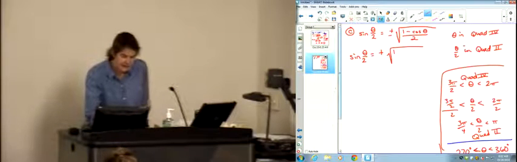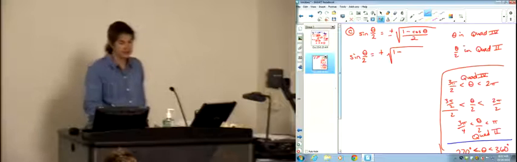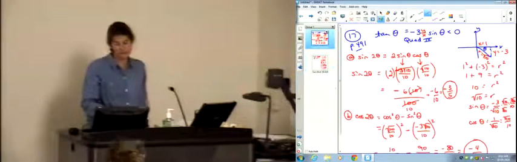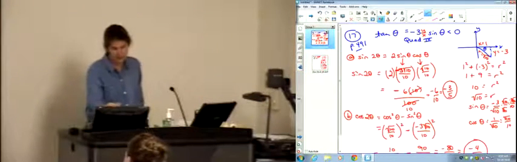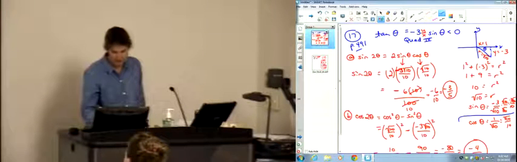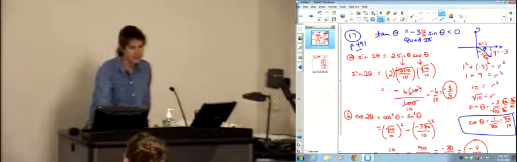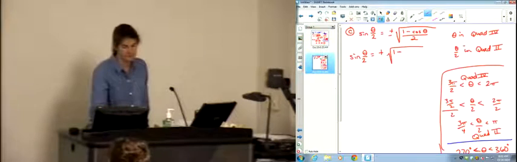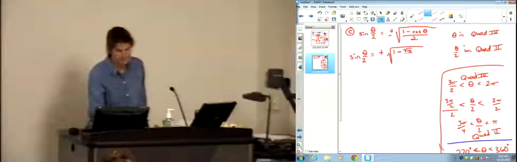All right, so we're going to have 1 minus the cosine of theta. Let me go back here and get that from the other screen. Cosine of theta was over here, and it was square root of 10 over 10, okay? And it's over 2.